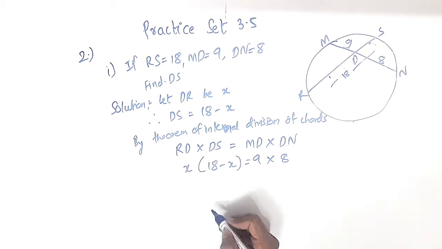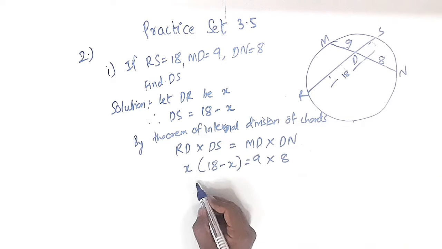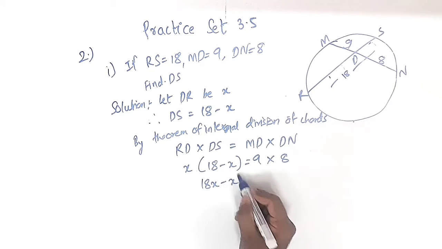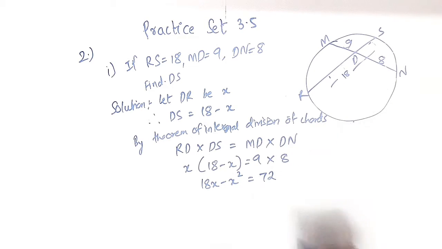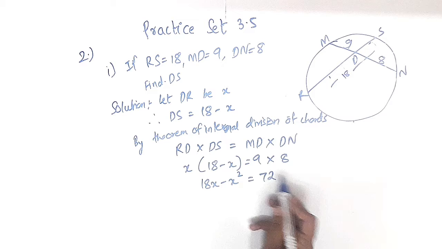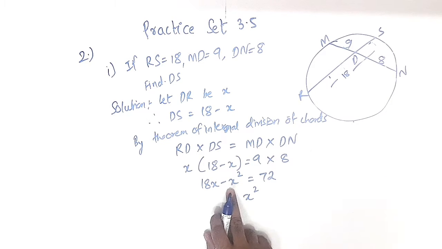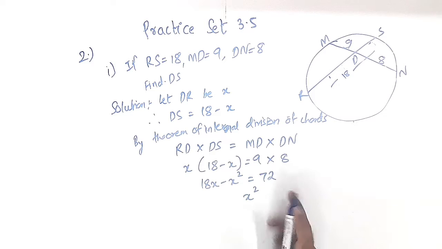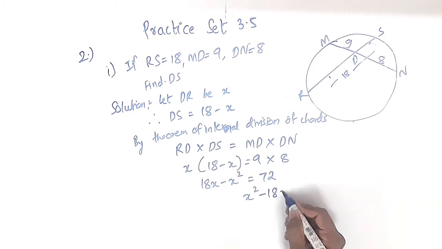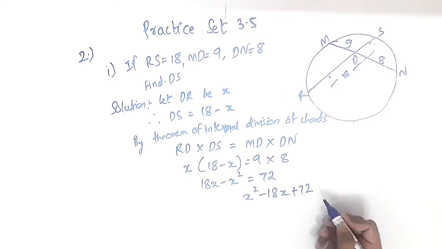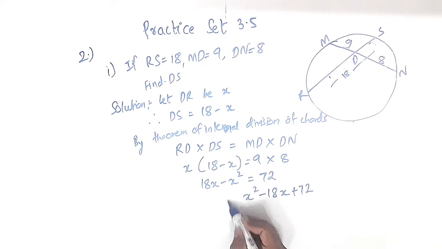So this becomes 18x minus x square is equal to 72. Now if I bring this here, x square I have to make positive, so this will become x square. This I will bring to the RHS, so it will become minus 18x. 72 is already in the RHS, so the sign will not change. Equals to 0.